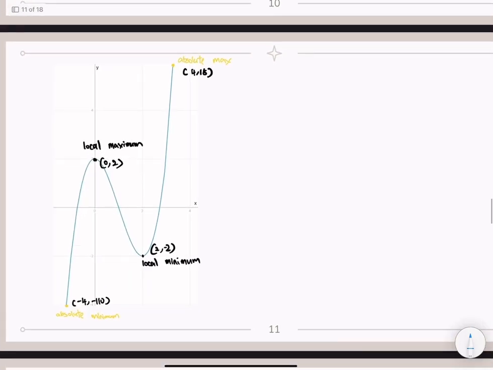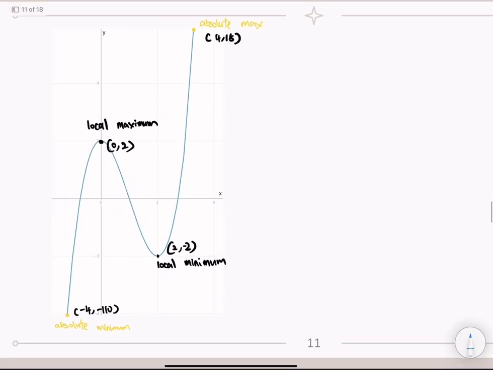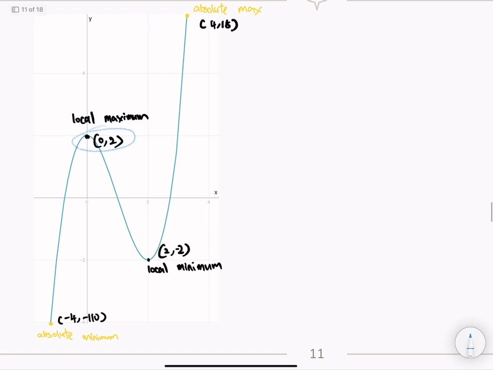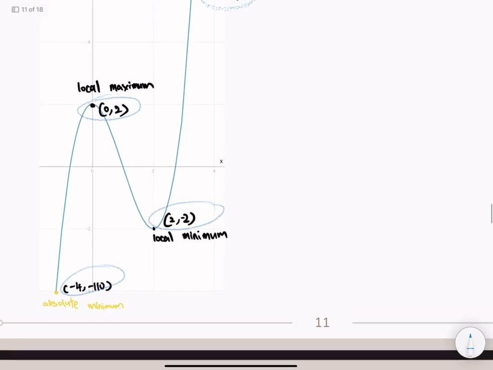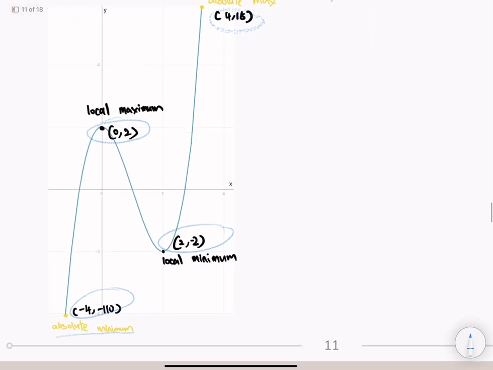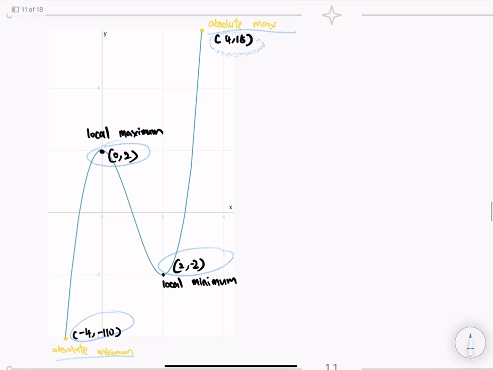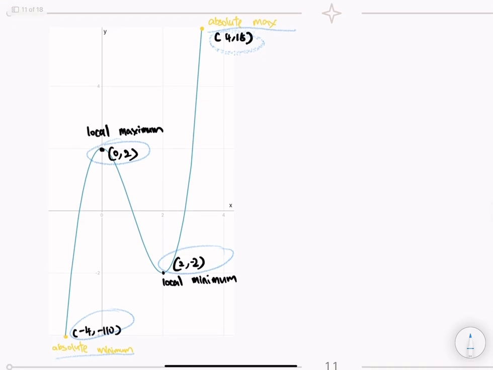So we can easily see this from the graph. We can see the point from the graph. And we can easily see is it the absolute minimum or maximum. So we can see that when x equal to 0 and y equal to 2 is a local maximum.